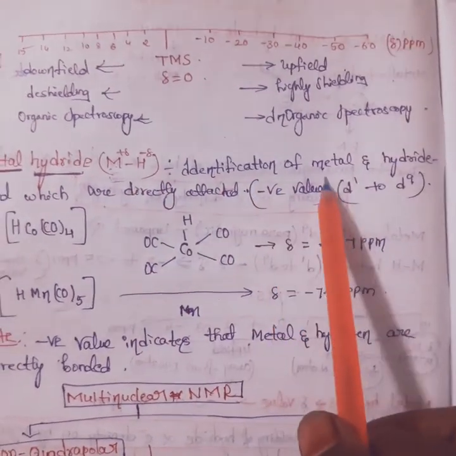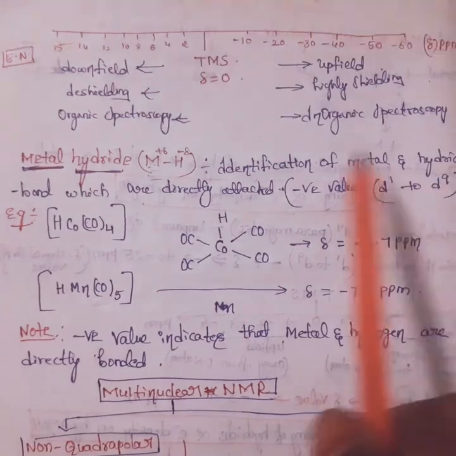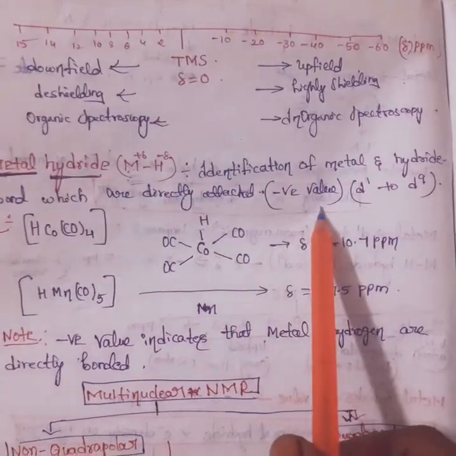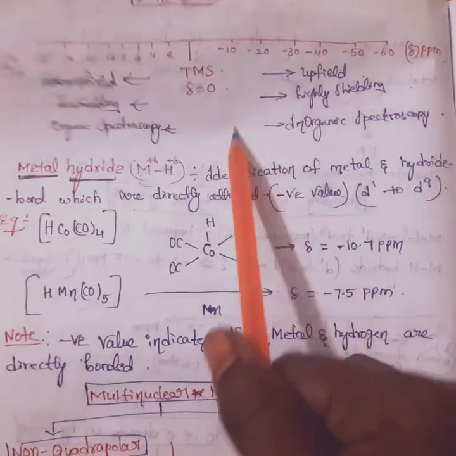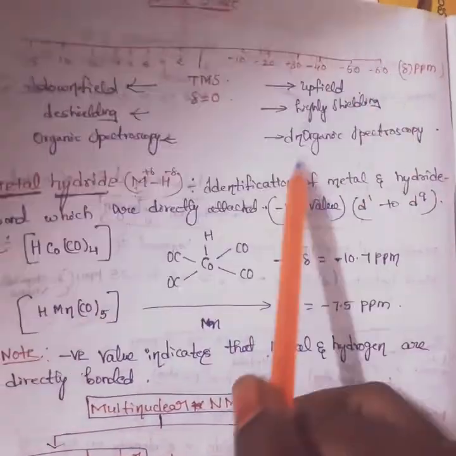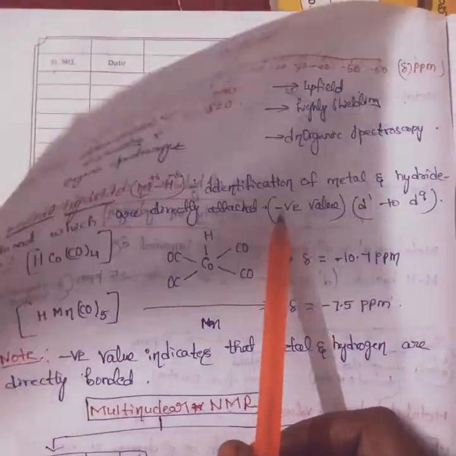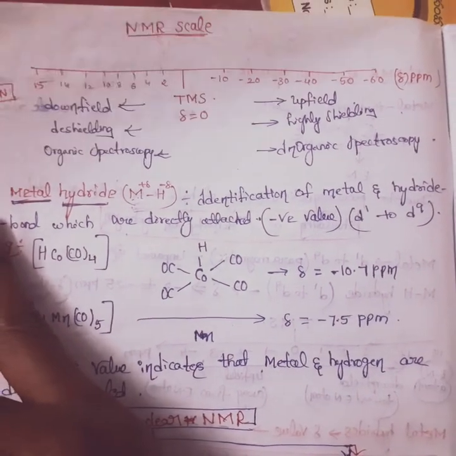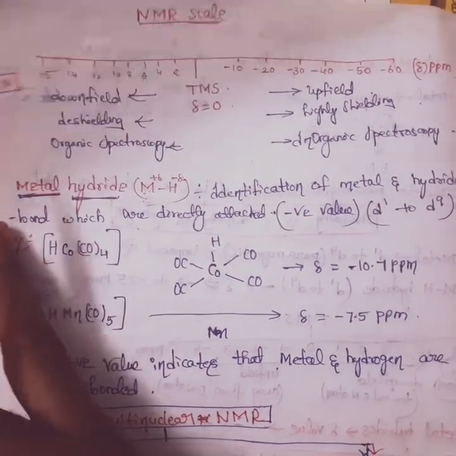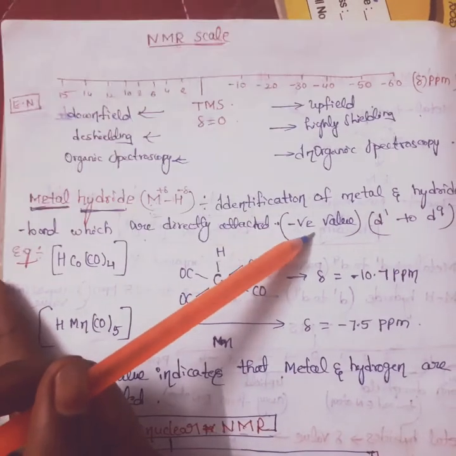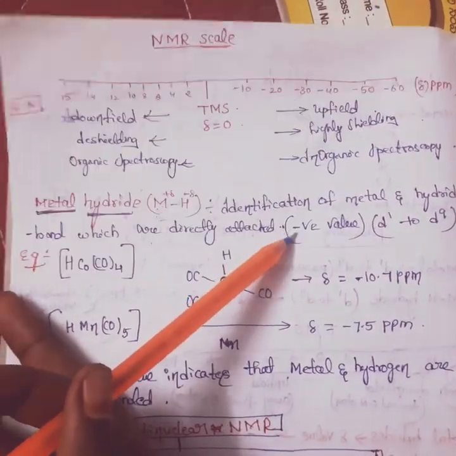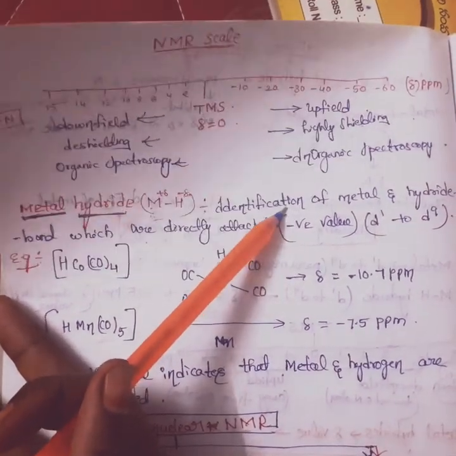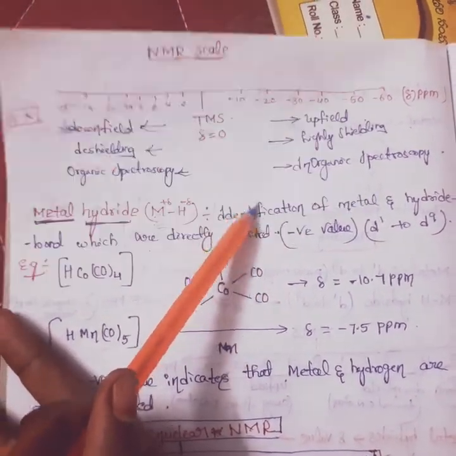Next, identification of the metal and hydride bond which are directly attached: whenever we get a negative chemical shift value, from d1 to d9 we will get negative values. Whenever we get a negative value, it indicates that a bond is present between the metal and hydrogen.